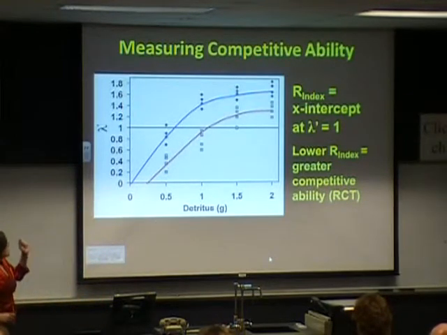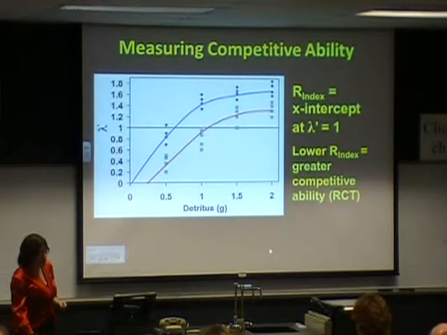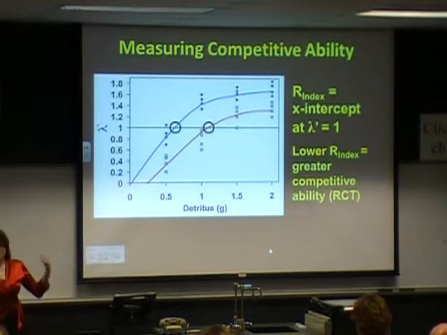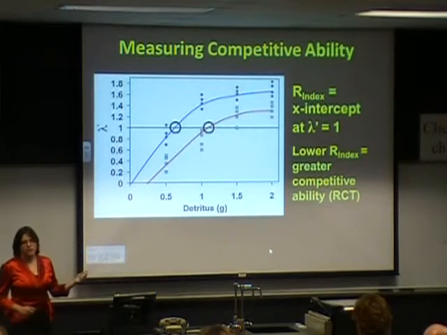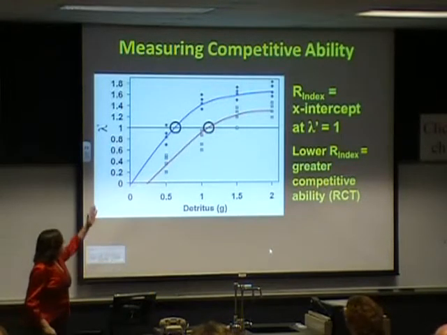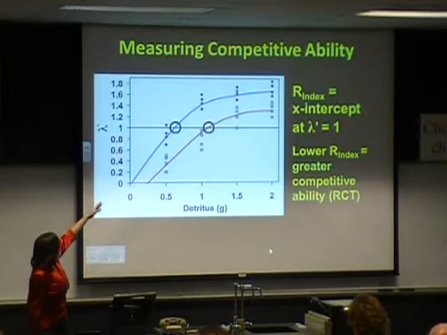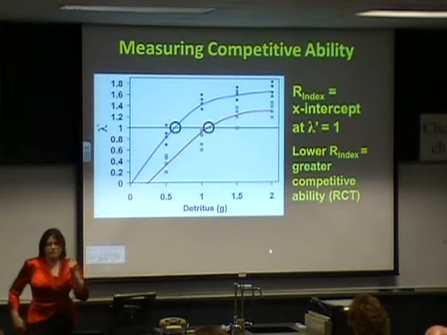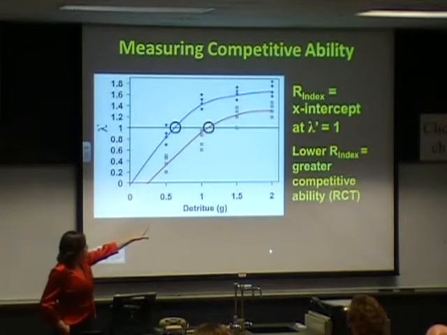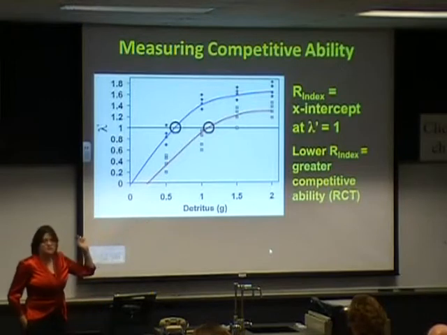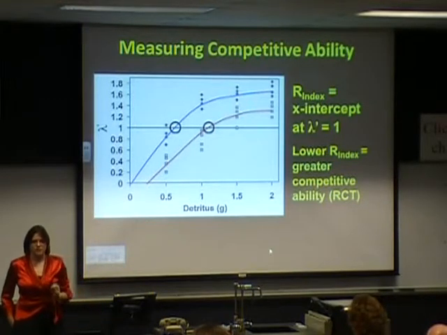Wherever that line crosses lambda prime equals 1, that's going to be the equivalent of R equals 0. So that's going to be the equivalent of population equilibrium for that species. And the resource amount, the detritus amount, where lambda prime equals 1, is what we're calling R index, which is the equivalent of R star. So because it's the equivalent of R star, a lower R index is indicative of greater competitive ability of the species.